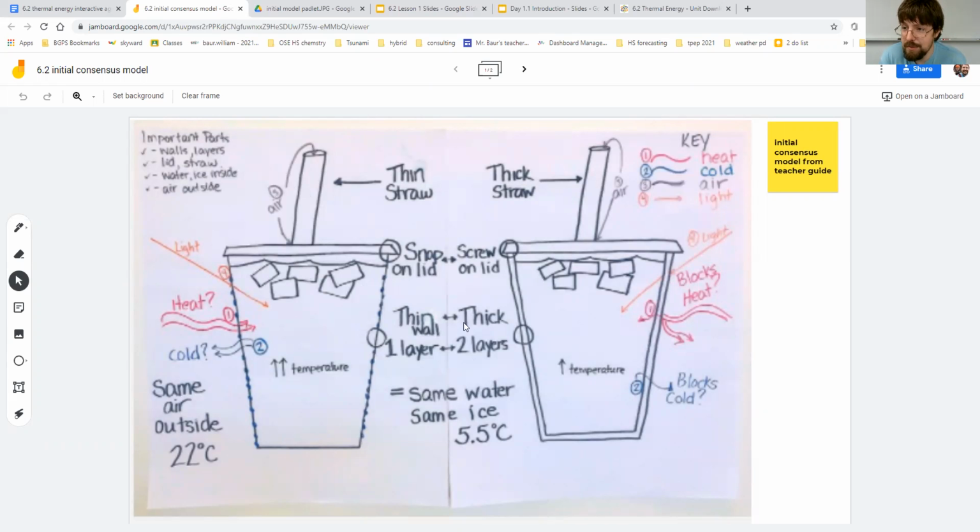Those are also established in the first unit about light and matter, about how to draw particles and how to draw light and reflection. That's going to be useful in this unit as you're doing more modeling.